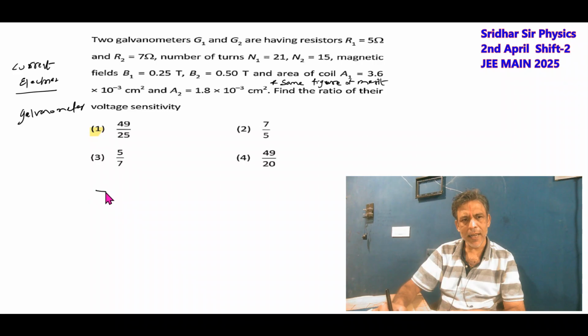Then directly we go for the torque equal to NIAB, where torque equal to K theta. From the galvanometer you have to recollect this.